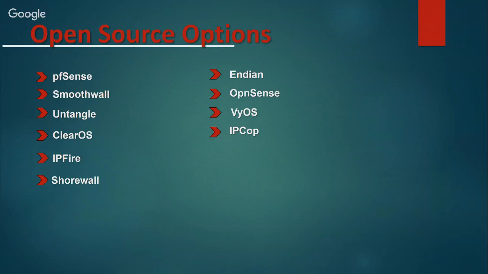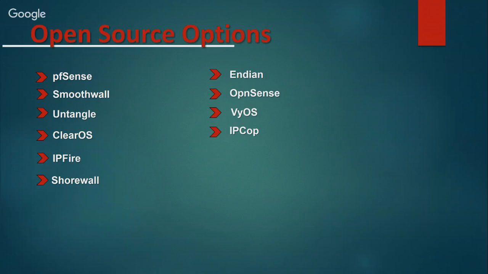Quite a few of these give you the option of an open source free firewall if you want, but they also have a pay option, meaning that some of the nicer things you have to actually pay for. The open source one is good, but it's just not as good as what they offer if you're willing to pay money.